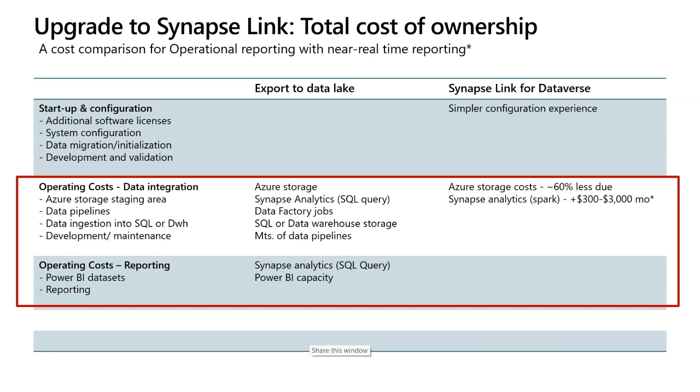In the case of data integration with export to data lake, you are exporting data into CSV format in a storage account. Now, CSV is a little bit verbose, so your storage account may have a lot more data, but storage doesn't cost that much money.